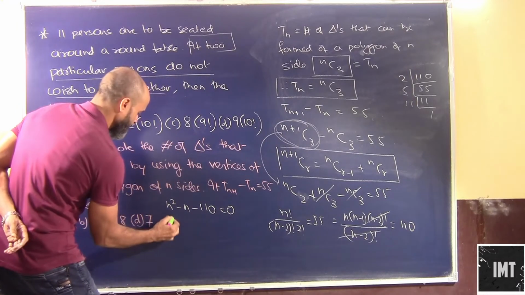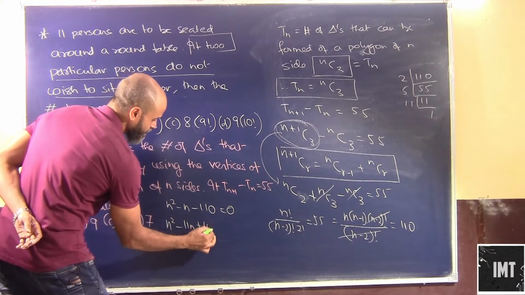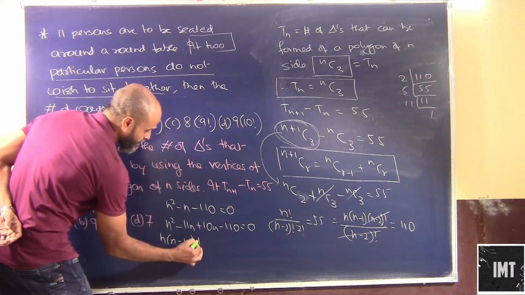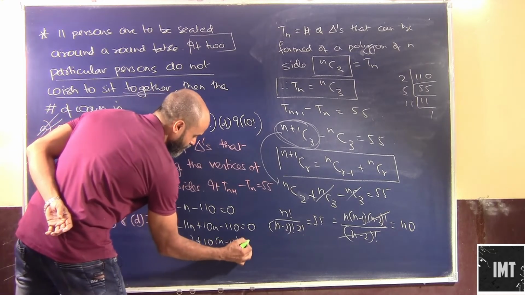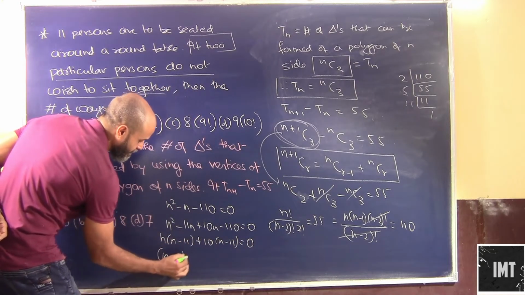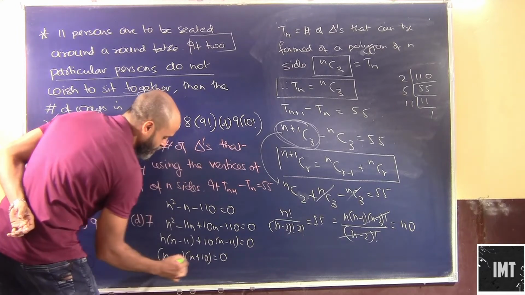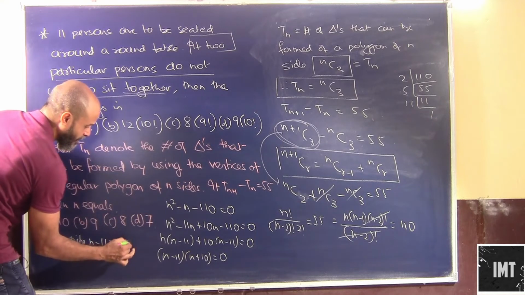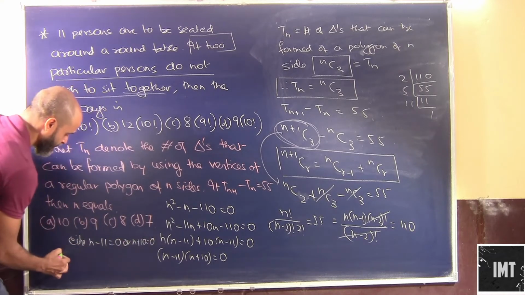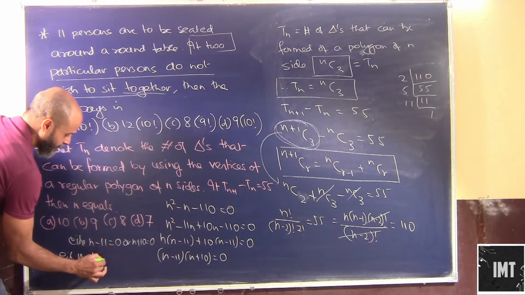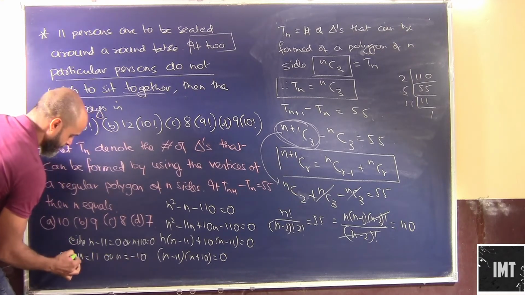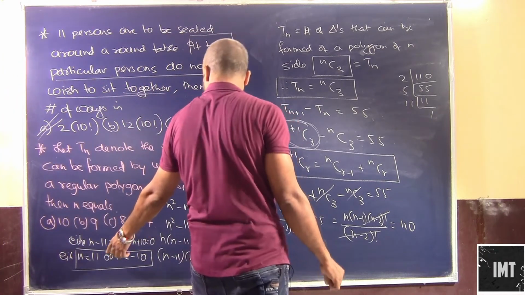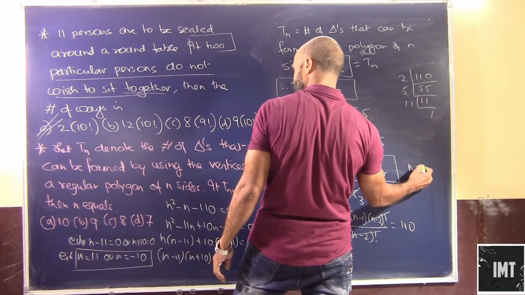So that will be n square minus 11n plus 10n minus 110 is equal to 0. n into n minus 11 plus 10 into n minus 11 is equal to 0, which means n minus 11 into n plus 10 is equal to 0, which means either n minus 11 is equal to 0 or n plus 10 is equal to 0, which means either n is equal to 11 or n is equal to minus 10. We cannot have the number of sides as negative. So here n will be equal to 11.